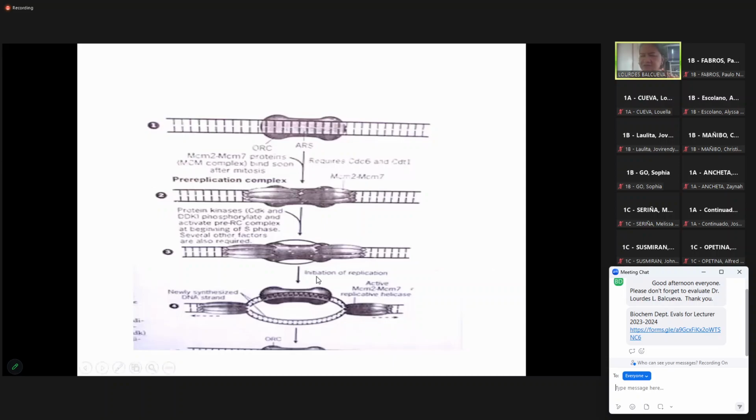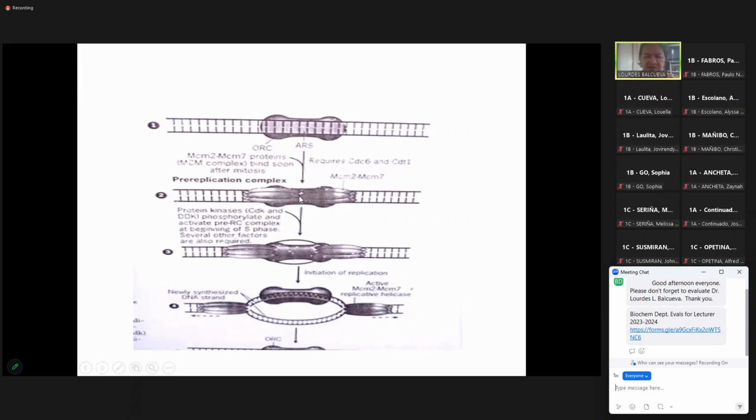Once it is bound by CDC6, your MCM will join your ORC, and your MCM is loaded with CDT1 and CDC6, and it will become more potent and separate the strands from each other.